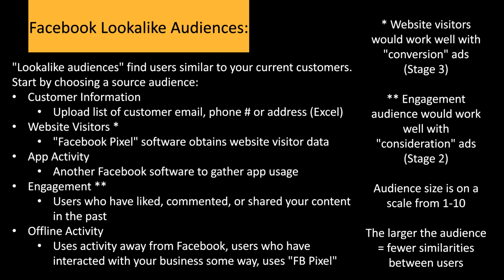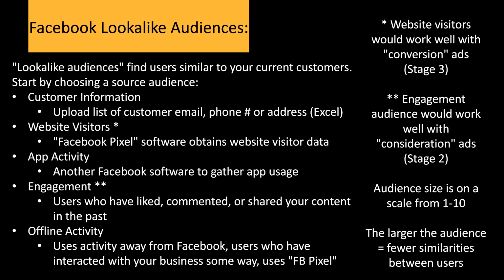So lookalike audiences are going to find users similar to your current customers or the ones that are already engaging with your content. This is actually a really cool area of Facebook and Instagram, and it's going to be in the Facebook ads section. So you want to start by choosing your source audience. You can upload your customers' emails, phone numbers, or addresses through an Excel file with the customer information.